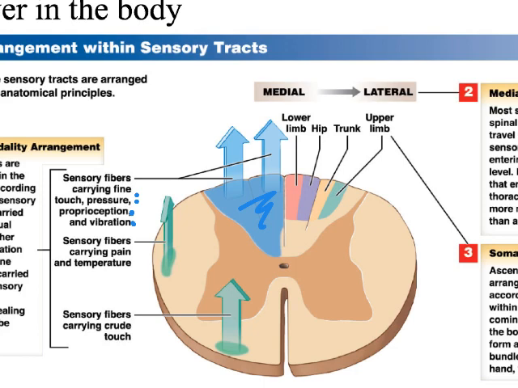All of the fine touch, pressure, proprioception, and vibration from the lower limb are carried on this part of the spinal cord all the way up to the brain, whereas those from the upper limb are going to be more out here laterally, and they're going to stay in that column all the way up to the brain. So that's level 2 of organization, a medial to lateral, lower to upper limb type of organization.